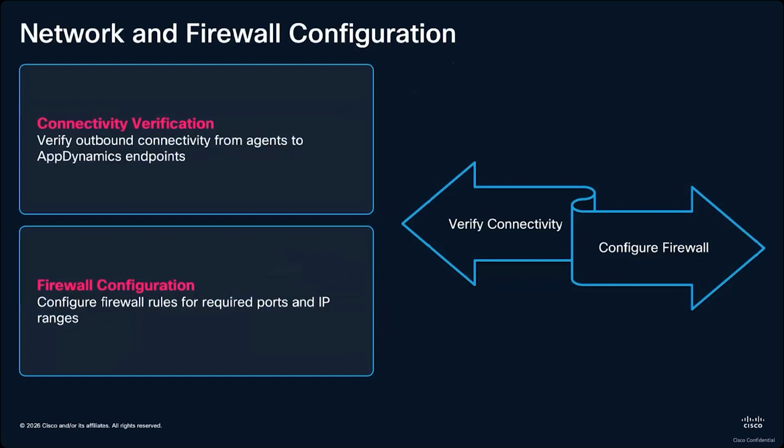Just do your due diligence, have somebody go out there and test all the connectivity, make sure all the firewalls are open, and that you're going through the proper channels between security and networking. And we're going to touch on this again later on, but it's not a difficult step, but it is a tedious one that you do not want to miss.